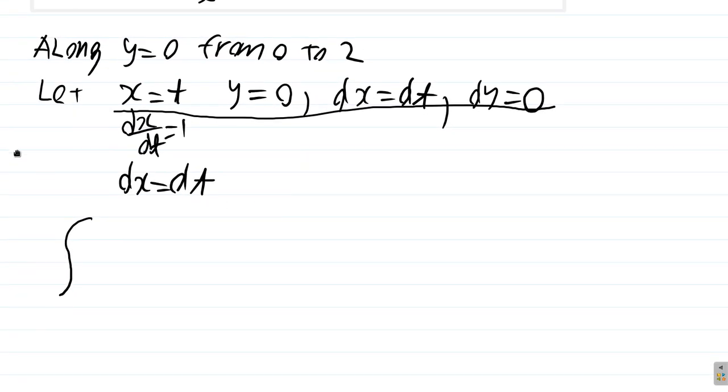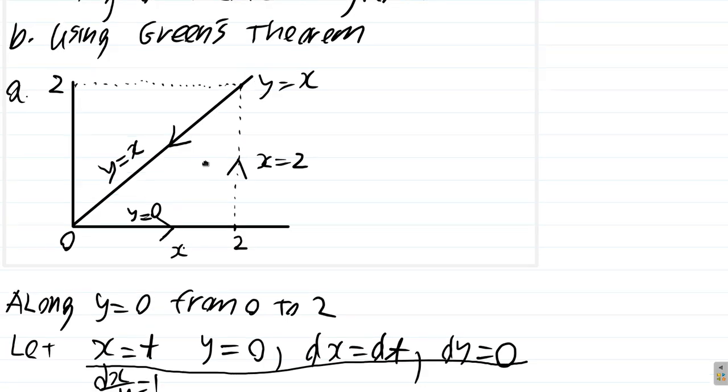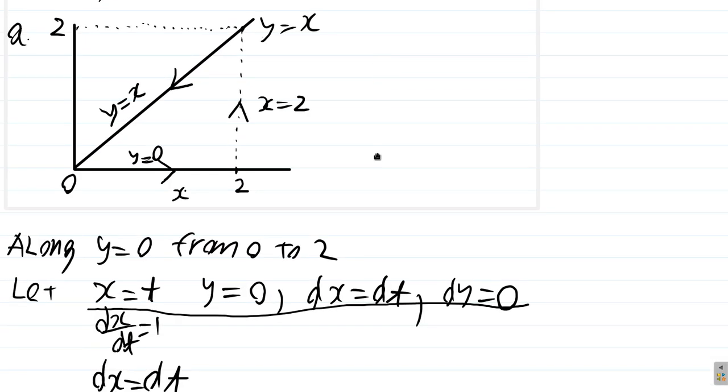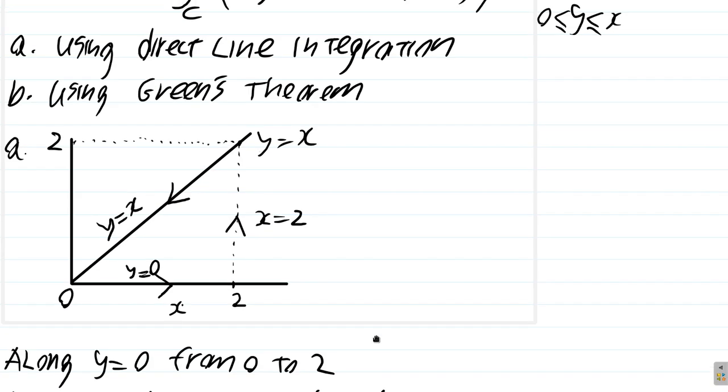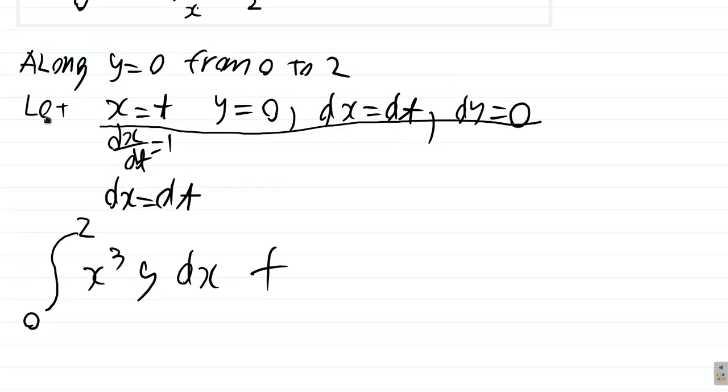Alright? So it's from 0 to 2 of x cubed y dx plus xy cubed dy. Now, here, we said x was t. So this changes to t cubed. Now, what was y? Y is 0.